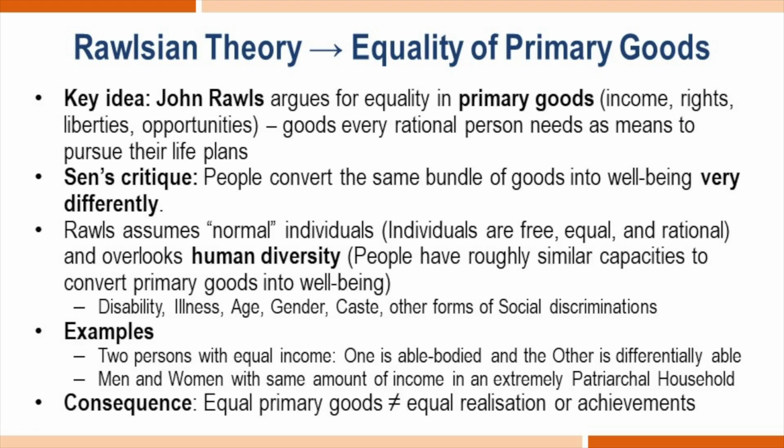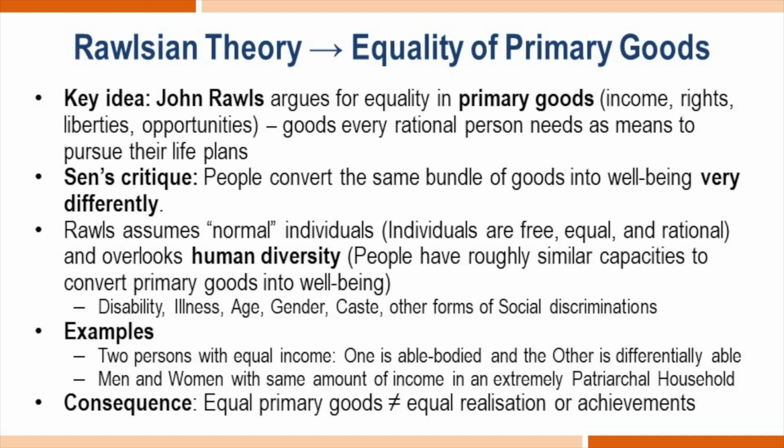Now, Sen critiques this argument: even if we provide the same set of primary goods to different persons, they can end up with very different well-being. Their well-being attainments can be hugely different, no matter how we define the goods.